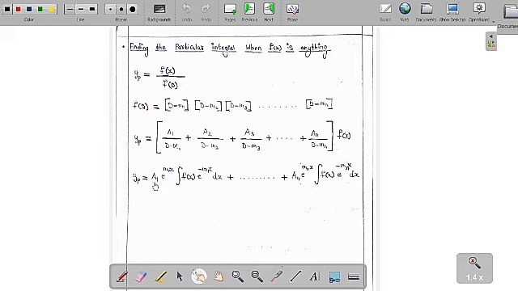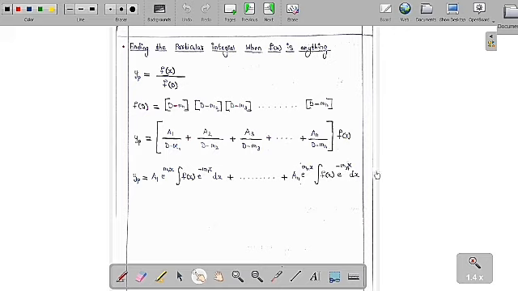Now what is the value of yp? It is equal to a1 into e to the power of m1x into the integral of f of x into e to the power of minus m1x dx, and similarly it goes on up to an into e to the power of mnx into the integral of f of x into e to the power of minus mnx dx.